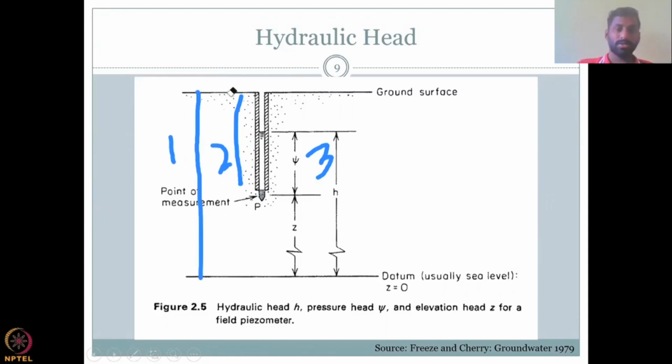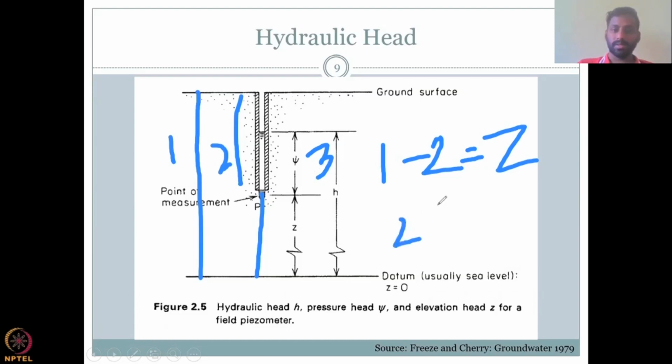So you know 1, you know 2, and 3. How do you get at H? By subtracting 2 from 1, you get this length. So 1 minus 2 is going to give you your Z. And you know psi, which is your 3.